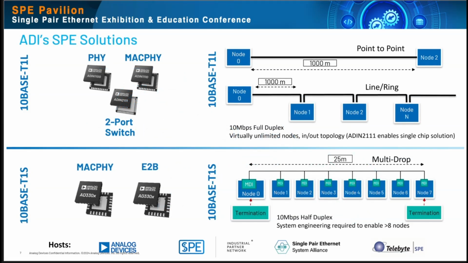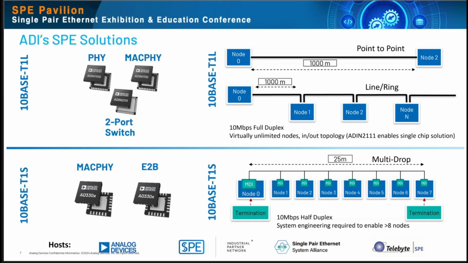Because these are different physical layers, there's a need for some education around how these work and the different types of system topologies that can be deployed. Today, we'll talk mostly about 10BASE-T1S and 10BASE-T1L technologies.